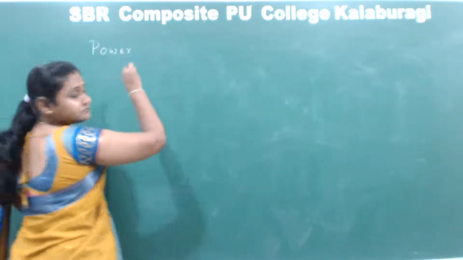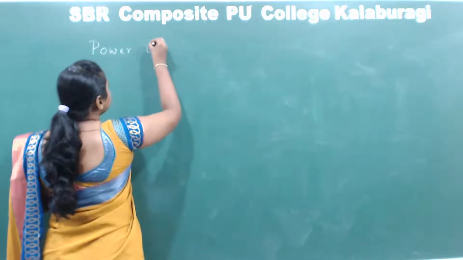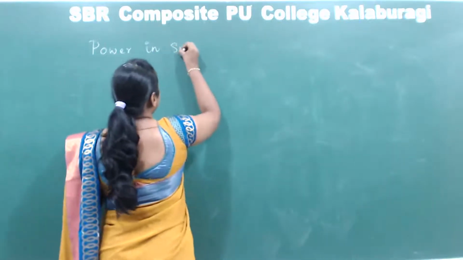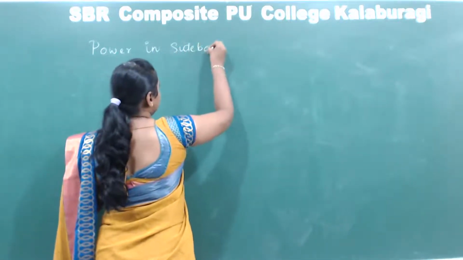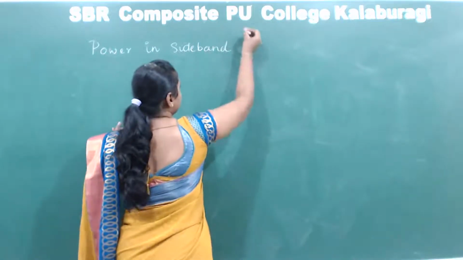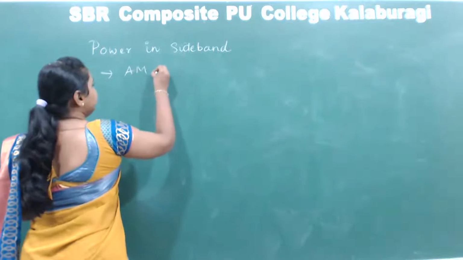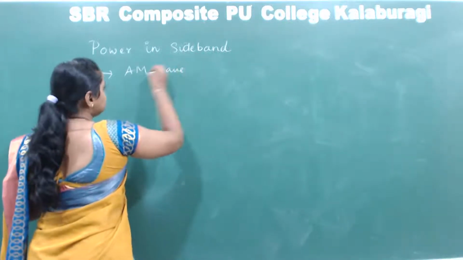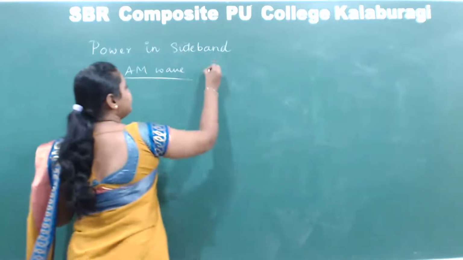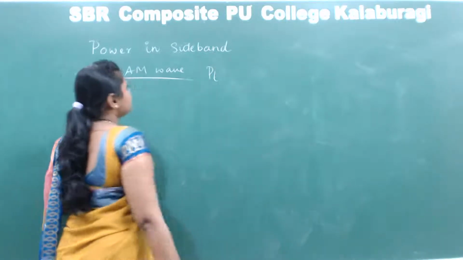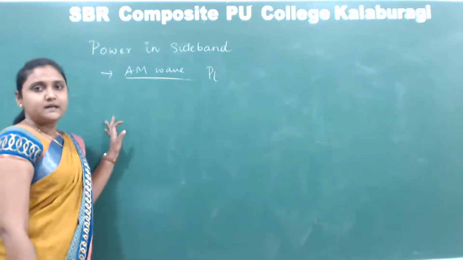Power in sidebands. So in the entire AM wave, from the total power PT, how much is present in the sidebands?